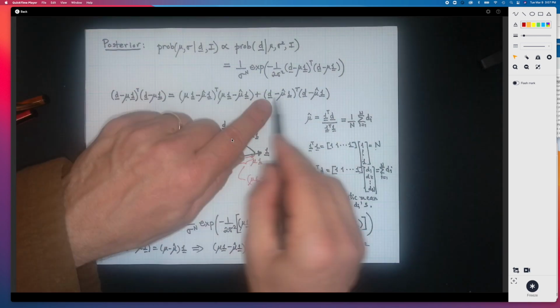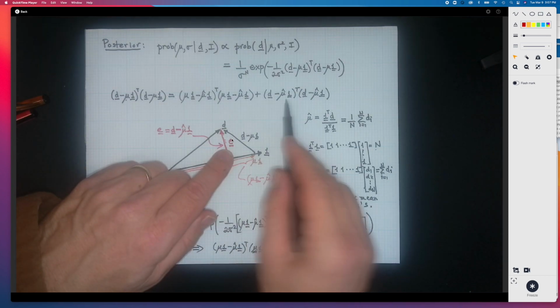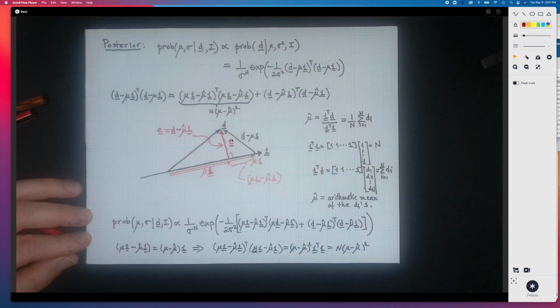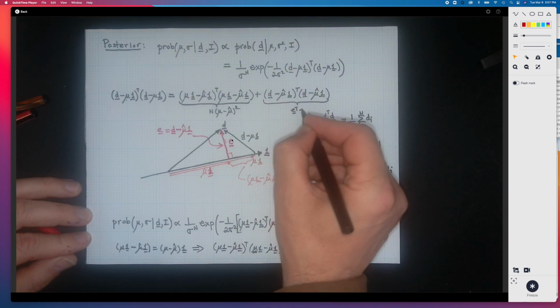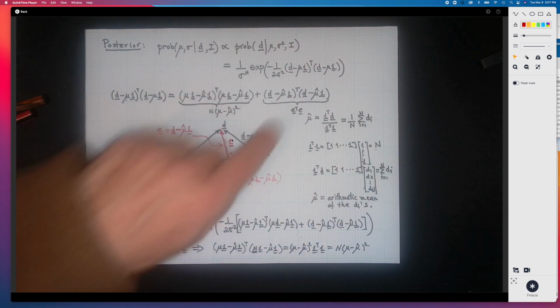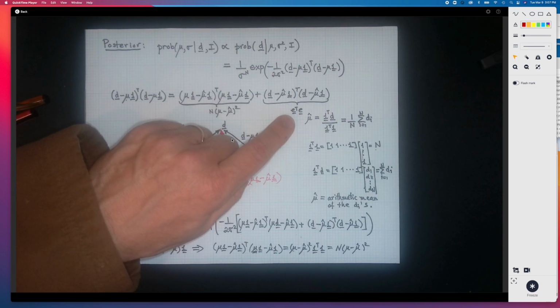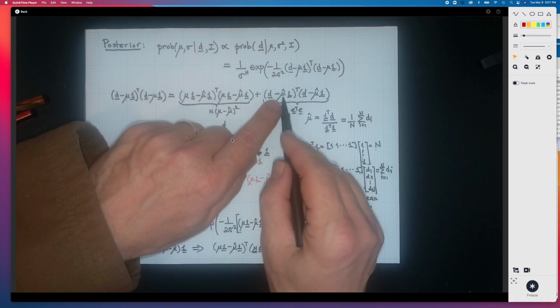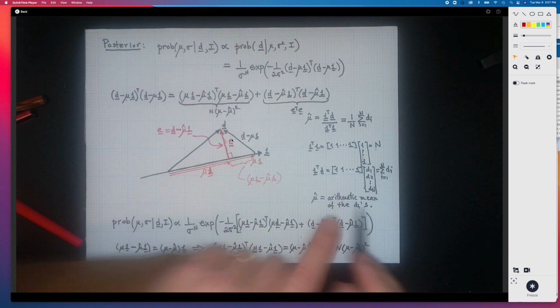And this quantity is E, so this is E transposed E, the sum of the squares of what we call the residuals, where this is d minus the model evaluated at mu hat, and mu hat is just the arithmetic mean of the data.